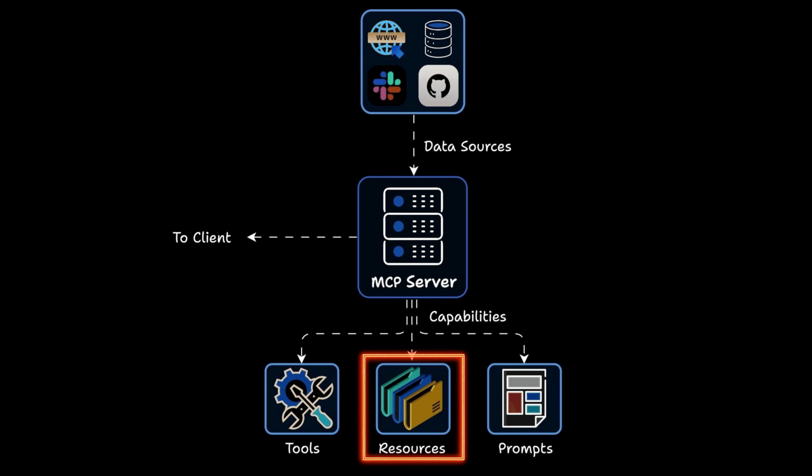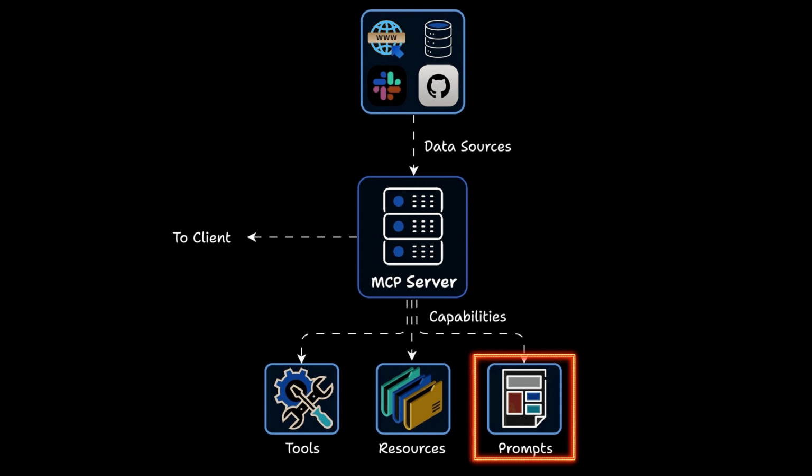The resources give AI access to real-time data from external sources. Example, a financial AI retrieving stock market updates. And the prompts are predefined templates for structured AI responses. Example, a customer support AI using standardized greeting messages. With MCP servers, AI becomes more dynamic, interactive, and powerful.